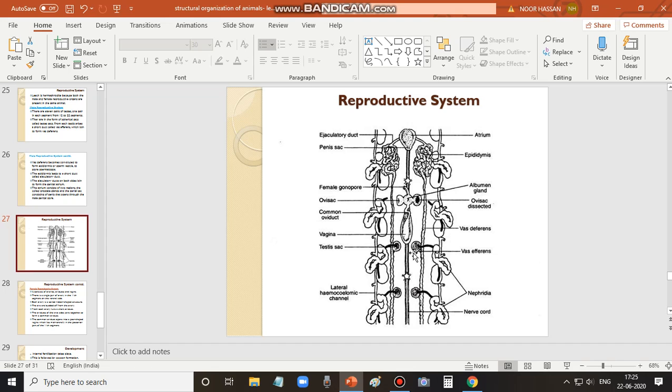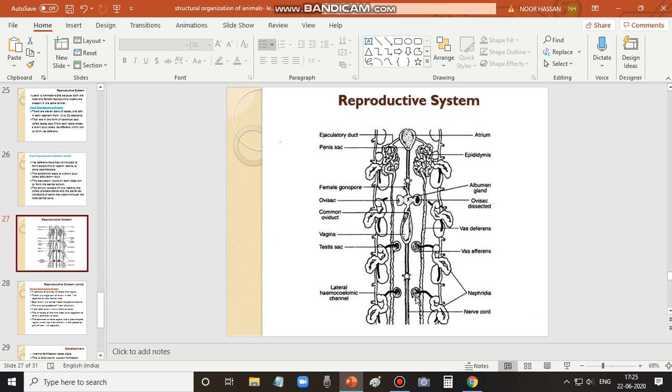So there are 11 pairs of testes, present from the 12th to the 22nd segments. Each one is a spherical structure, so they are called testis sacs.